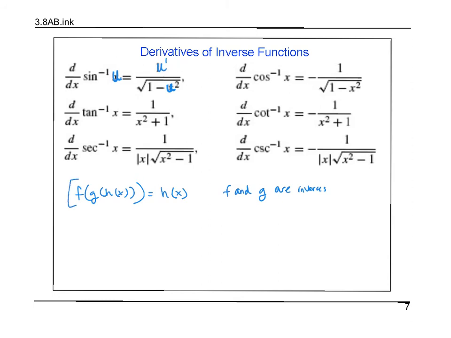So if I derive both sides here, I would get f prime of g of h times g prime of h equaling h prime.